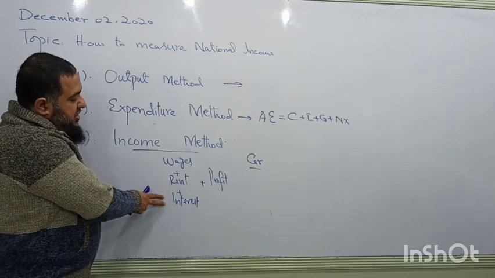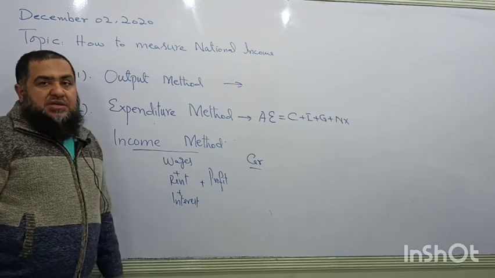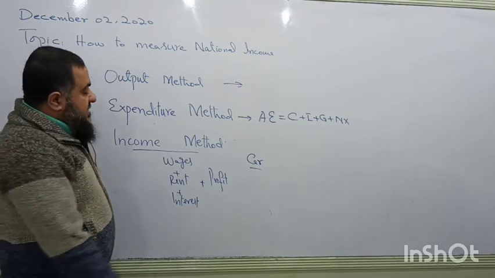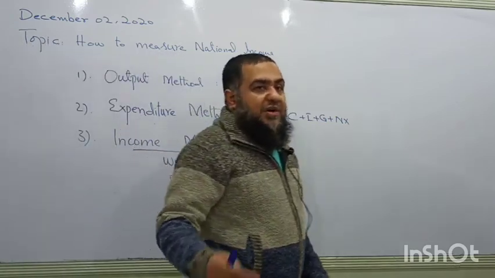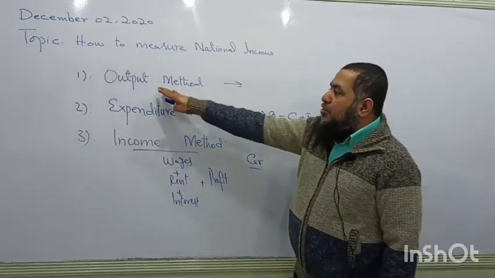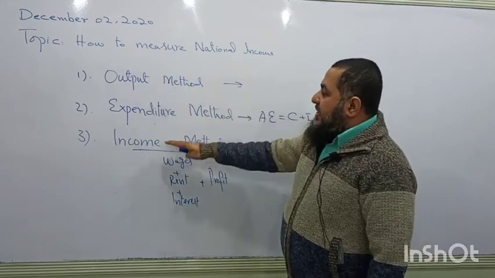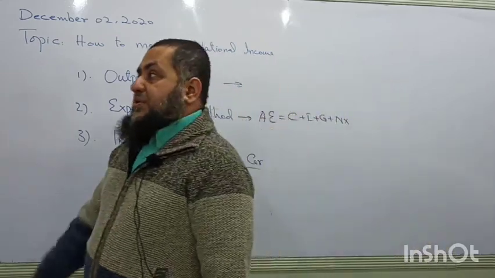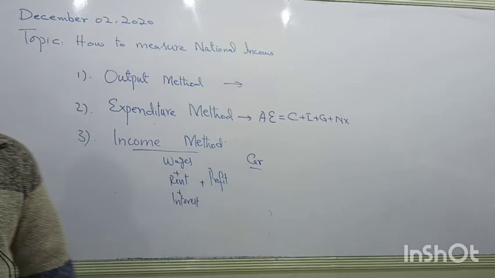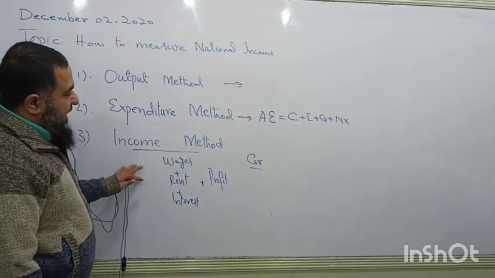If the school has borrowed any capital on interest, that will also be paid to the capital lenders, and the rest is the profit. So all your expenditure on education is equal to the output of education, in simple words, and that is divided into income and expenditures. So all three will be equated in this form. Okay, so output method, expenditure method and income method will reach the same value.